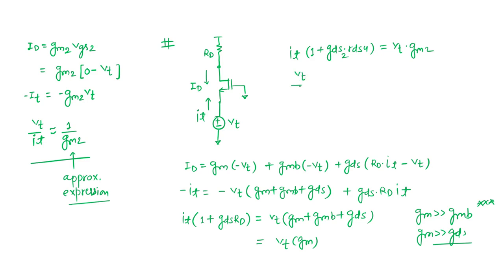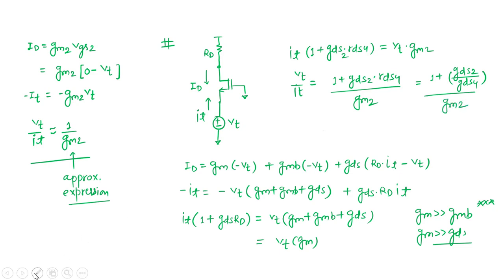So VT by IT is equal to 1 plus GDS2 RDS4 by GM2. One more thing that I can see here, you can write this as GDS2 by GDS4 divided by GM2.